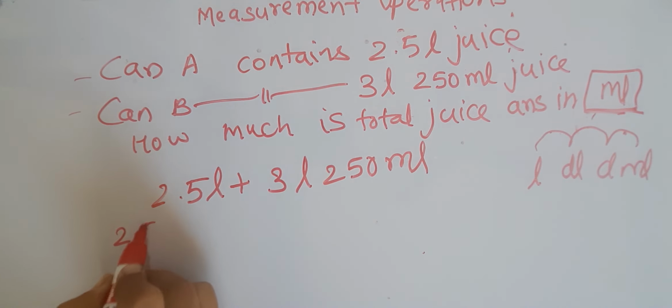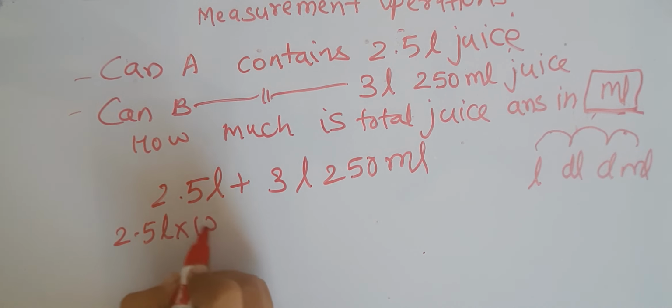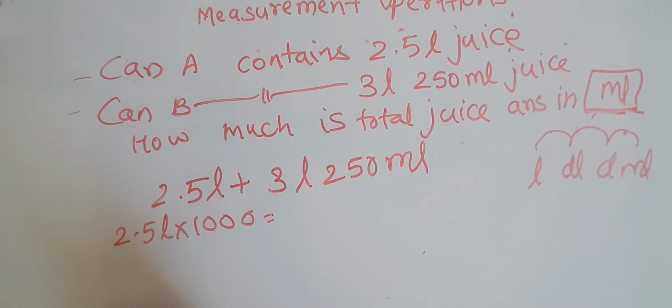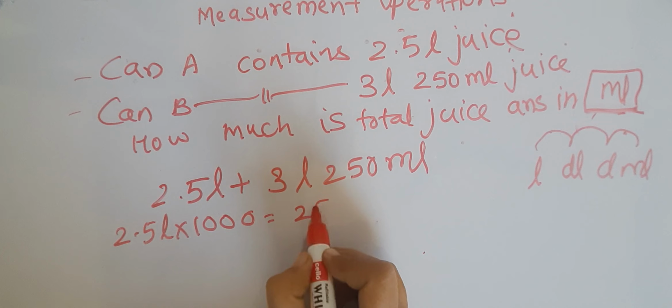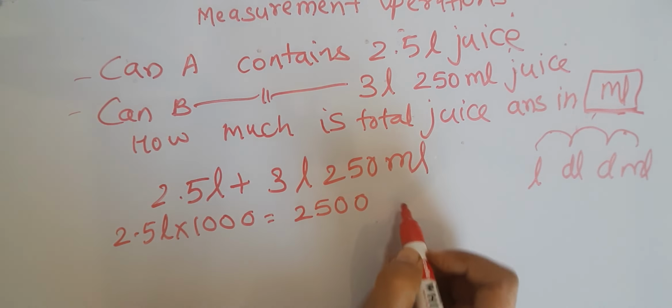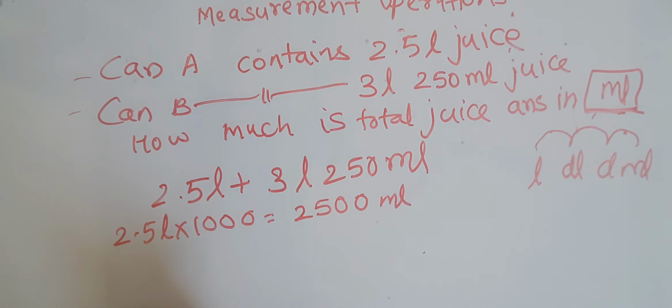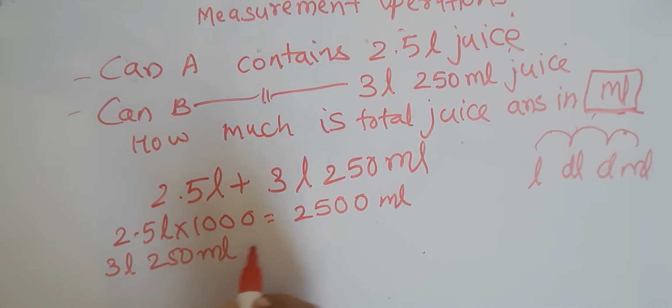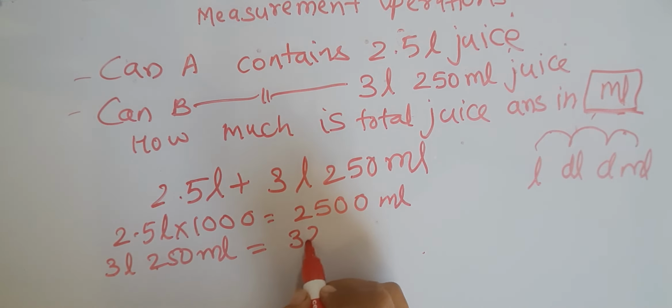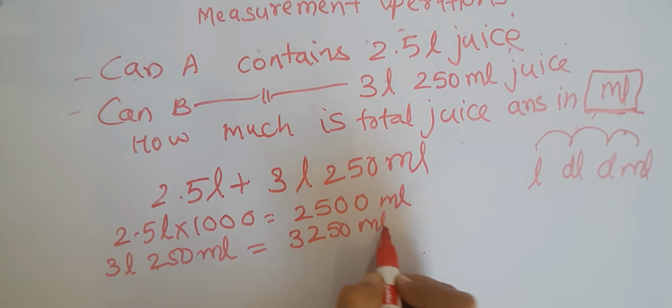So 2.5 liter into 1000 gives us 2500 milliliter. And 3 liter 250 milliliter gives us 3 into 1000, that is 3000, plus this 250, that is 3250 milliliter.